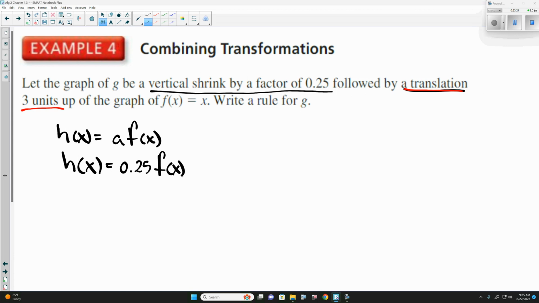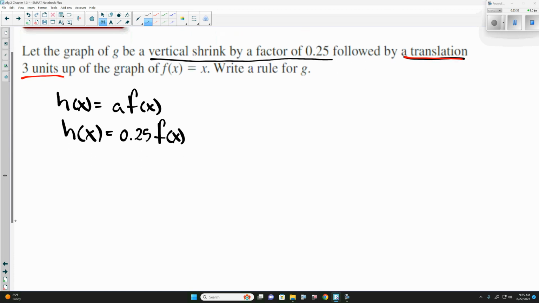We're going to do this one first. Now we can replace f of x with its function, which is x. I could put parentheses around it, but it's just going to become 0.25 times x, yes?